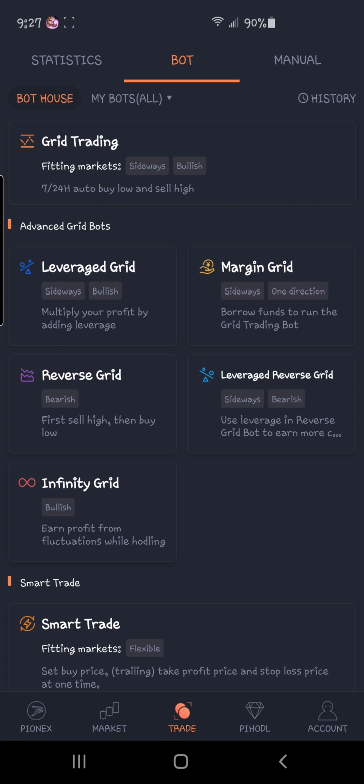So think of a grid bot as Fibonacci lines. You pick a top, you pick a bottom, and you say the price is going to stay in between these 2 points on the map. So then you pick how many lines you want, or how many grids in between those two prices.